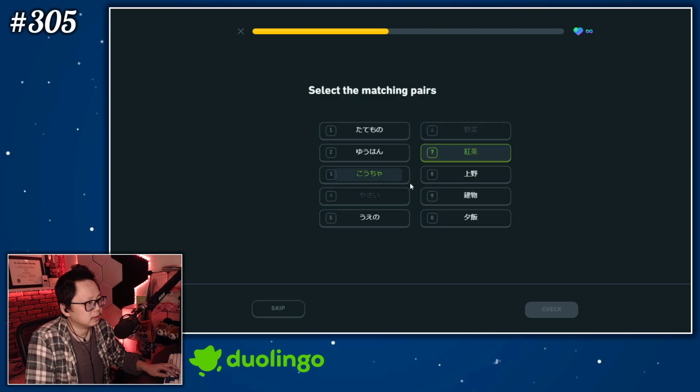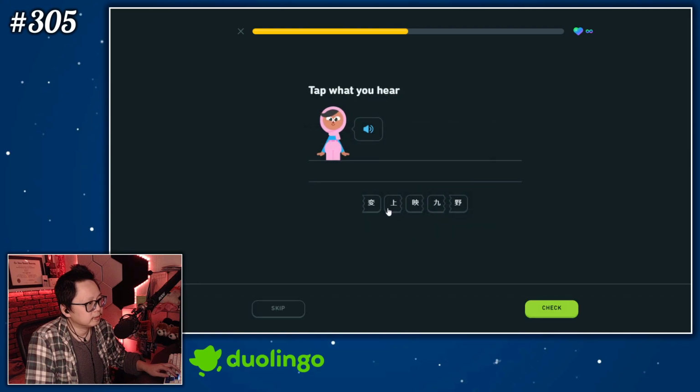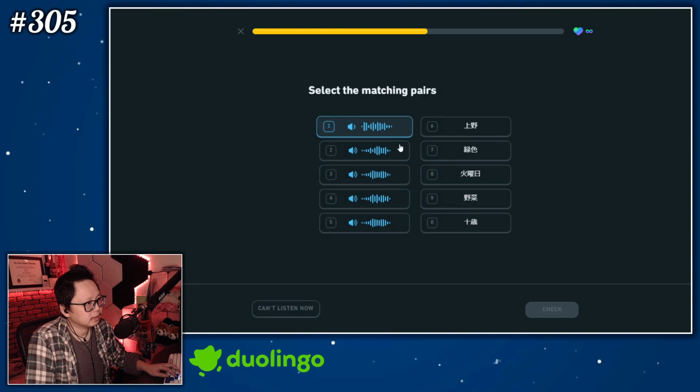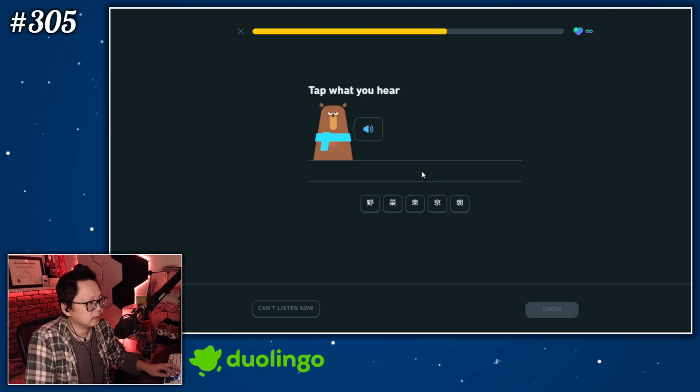Kocha, 紅茶. Tatemono, 建物. Yuuhan, 夕飯. Oh, okay. Kayoubi, 火曜日. Midori, 野菜.